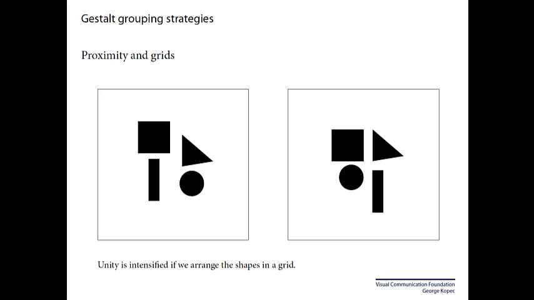We know that all belongs together. It looks very ordered. Our mind has no problem connecting the dots and putting those 4 objects together. On the left, it's okay. They look like they belong together, but on the right, the best way I could put it is the unity is intensified. So grid systems will intensify the unity of your compositions.